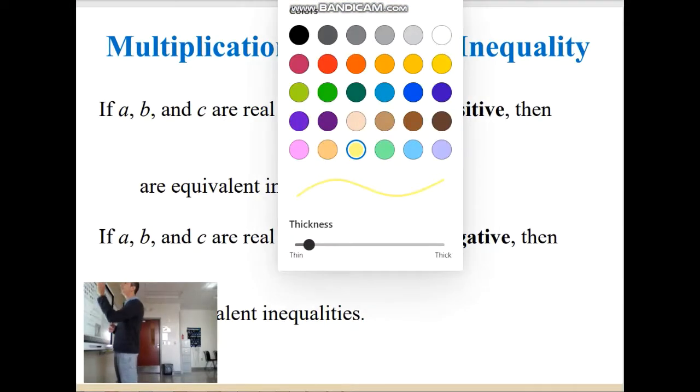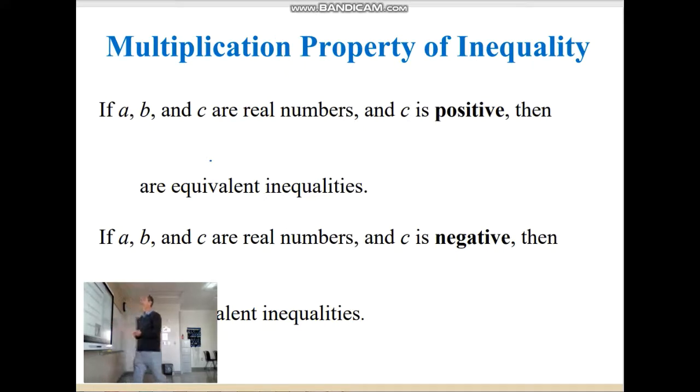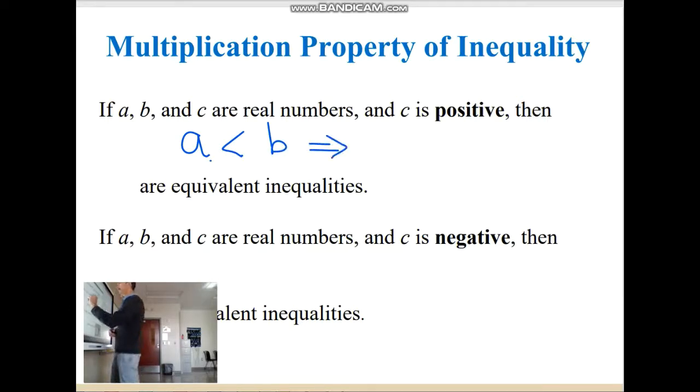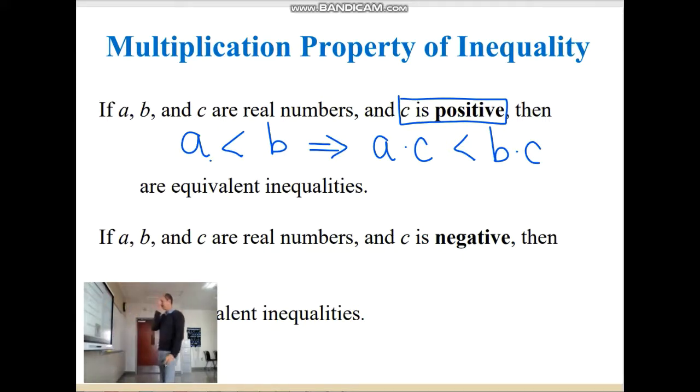And it goes like this. If you have a, b, and c as real numbers, suppose a is less than b, you can make a times c less than b times c, as long as c is positive.